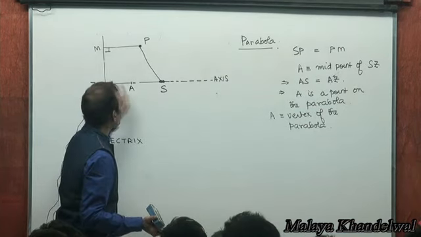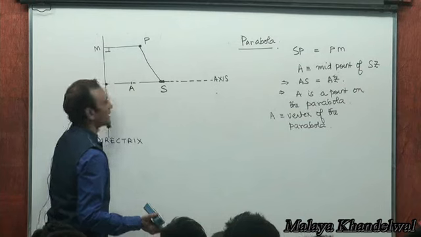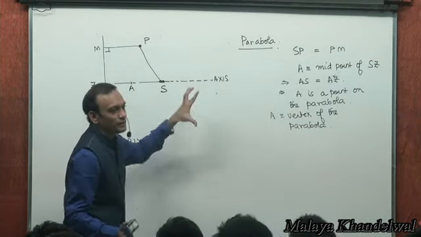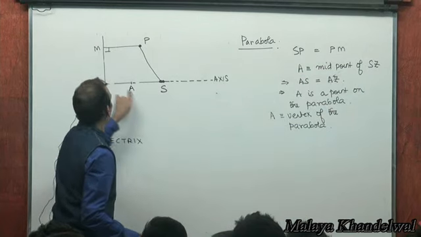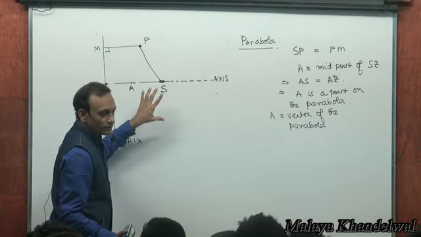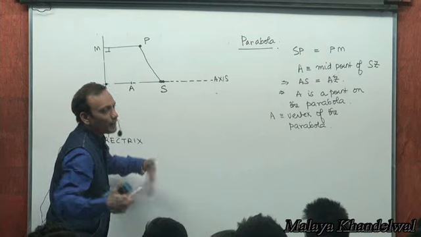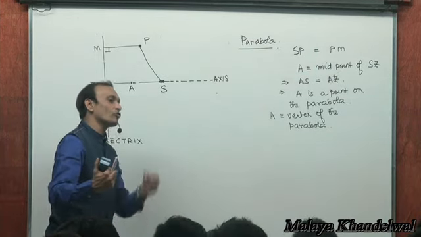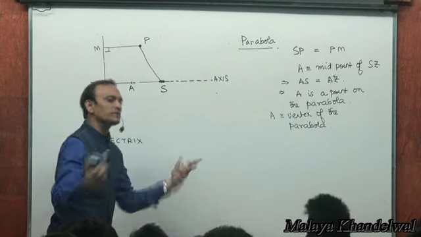If A is the midpoint of SZ, then AS is AZ. Does it not subscribe to this condition? SP by PM is 1. AS by AZ is 1, isn't it? So it must be a point on the parabola. Any point such that its distance from the focus is equal to its distance from the directrix must lie on the parabola.